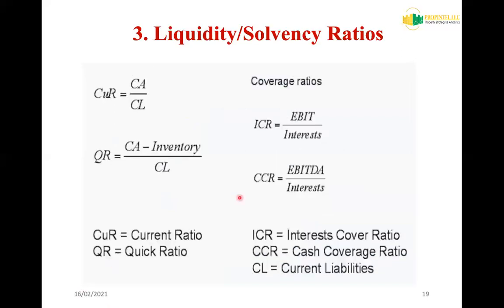Now let's move on to what we'll call the liquidity ratios. It's important to know that liquidity ratios are related to solvency ratios in that they both measure the financial risk of the company.